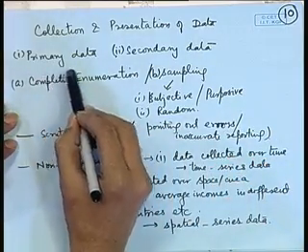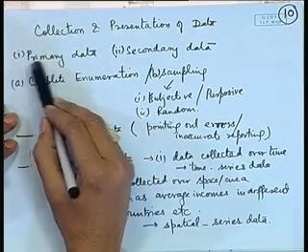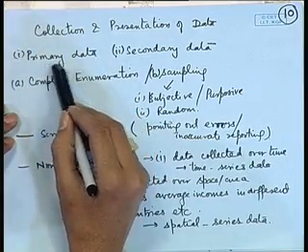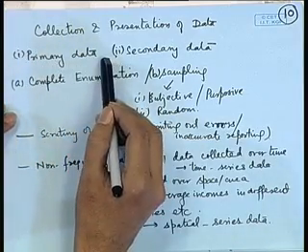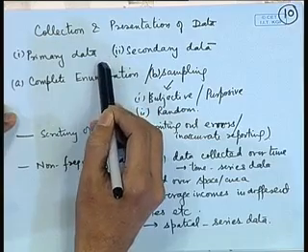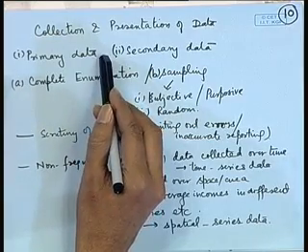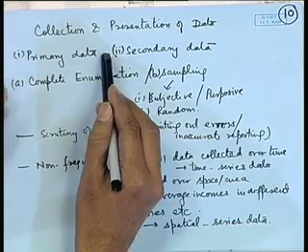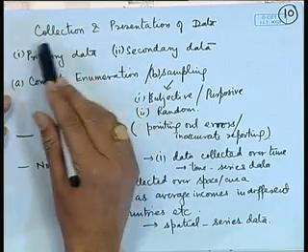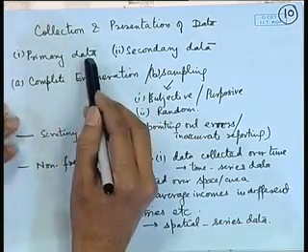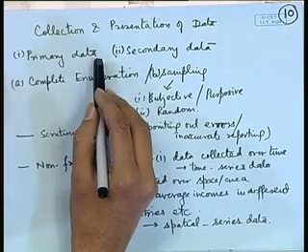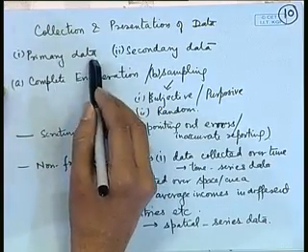However, there may be various other situations where one needs to collect the data himself or herself. For example, if today I want to know the consumption pattern for a particular product, so that I know whether a similar product will be successful in another area if we introduce it, then maybe I will make a survey myself and collect the data on that.